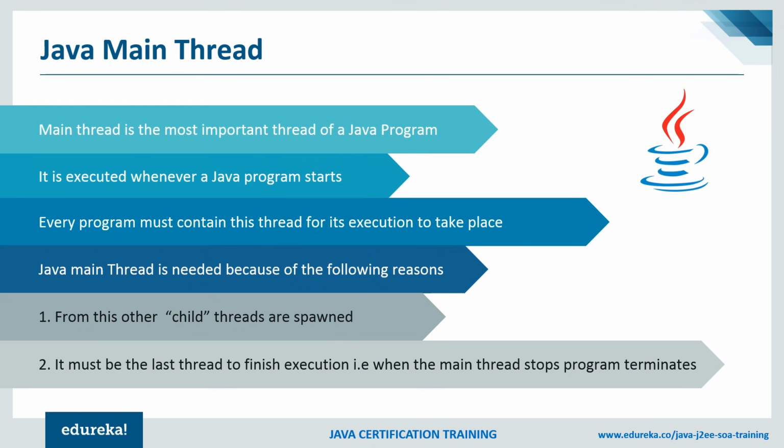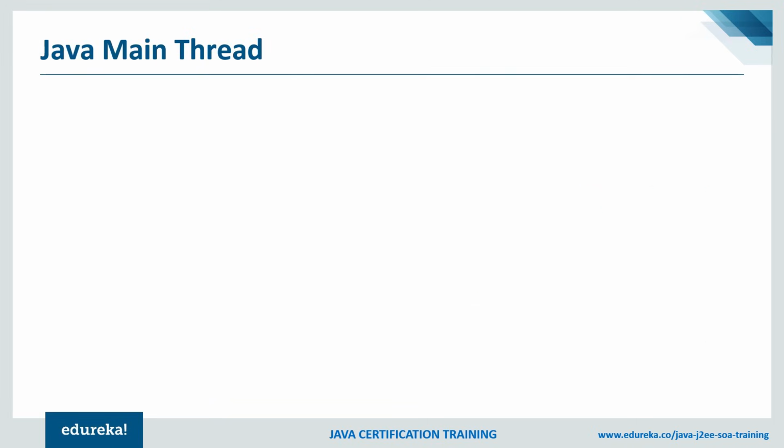Every program will have this main thread, and the Java main thread is needed so that we can spawn child threads. We can create child threads and start them. You have seen that we created my task and started my task, right? The main thread must be the last thread to finish execution. That is, the main thread stops the program, so it terminates the program. When your main thread is finished, it is basically a termination of your application itself, right?